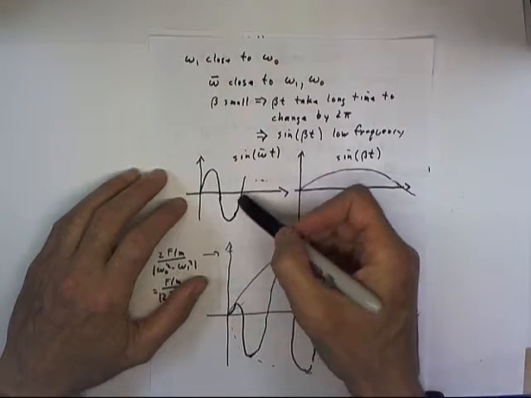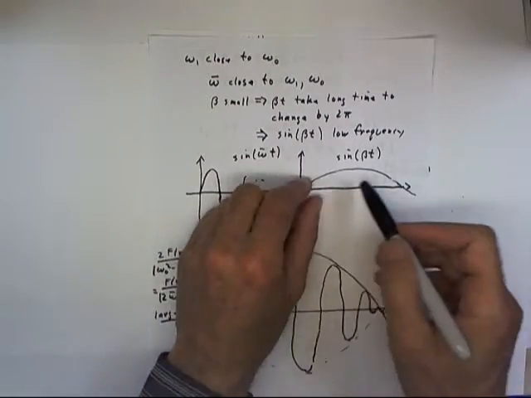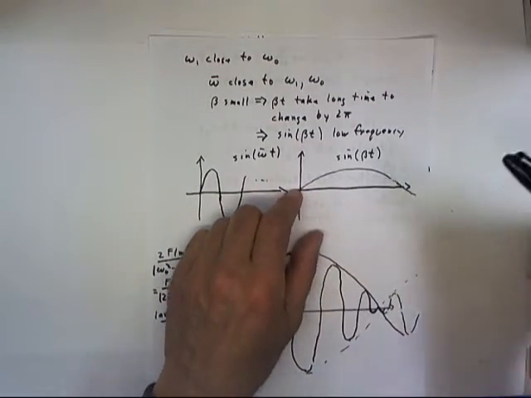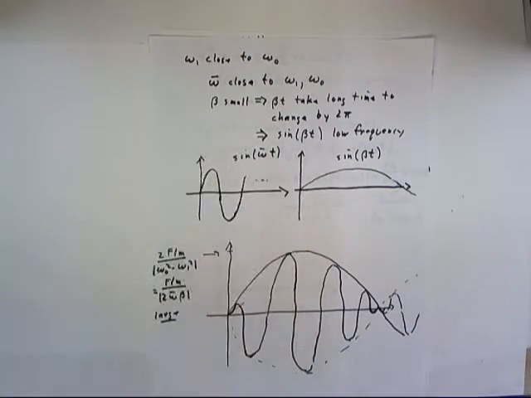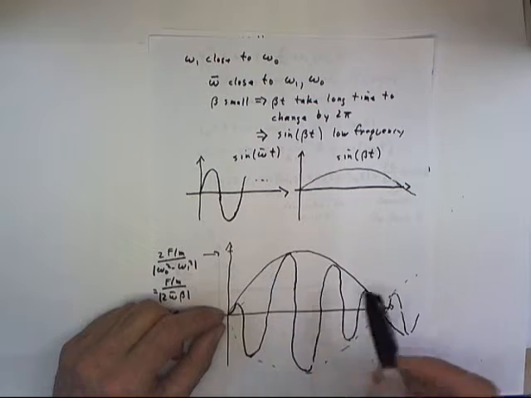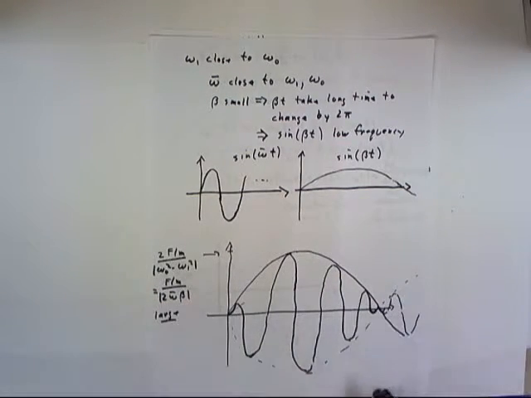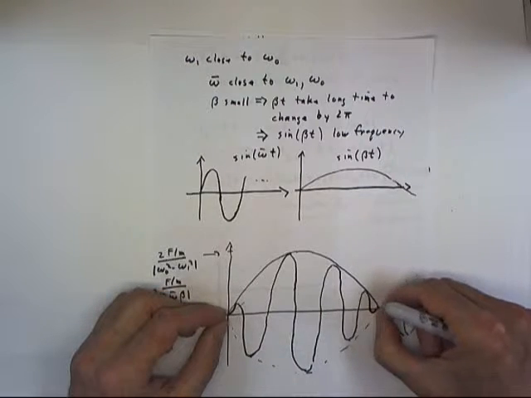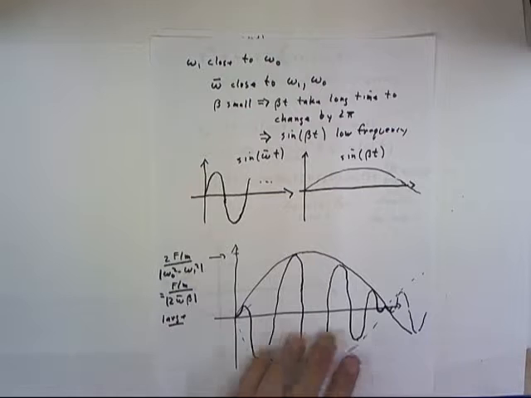So our sine of omega bar t is going to retain the same period, but the period of the sine of beta t function, which is multiplied by this function, is going to approach infinity. So the period of this oscillation in here is not going to change much, but the period of this envelope is going to extend on toward infinity.